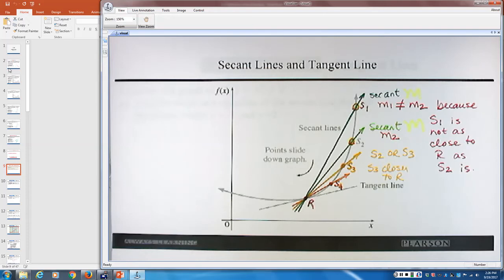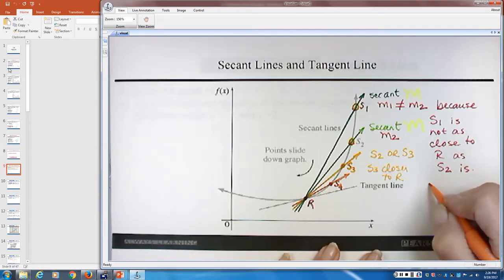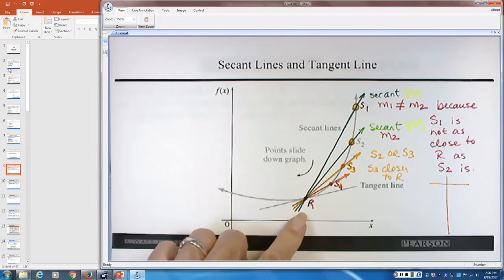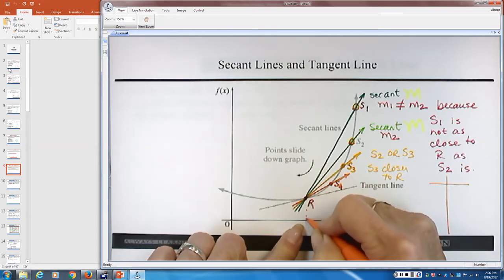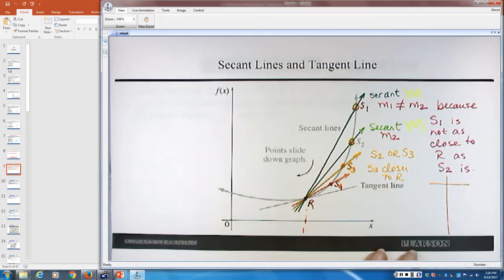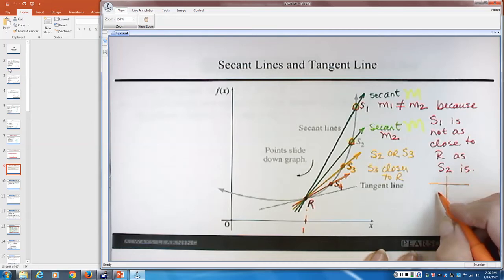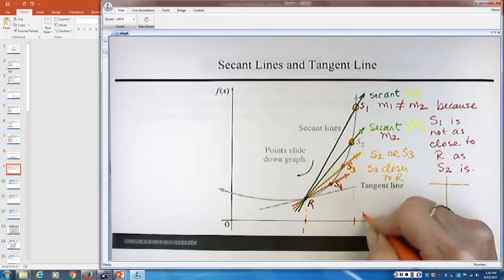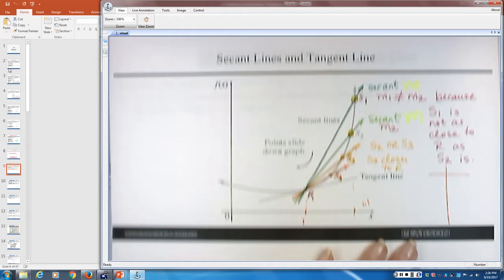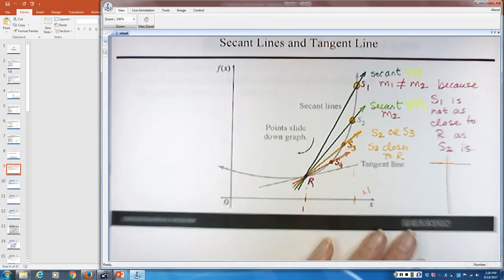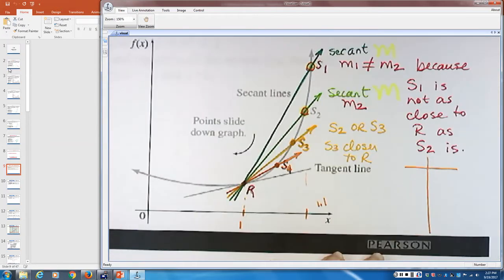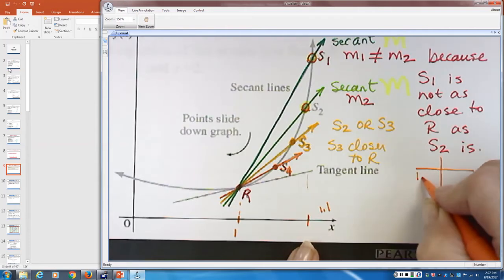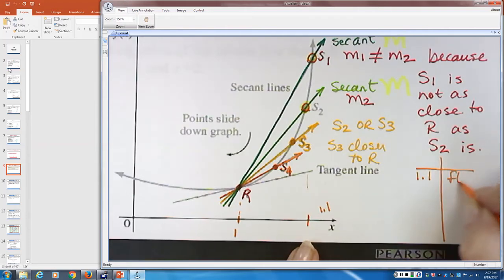Do you remember making a table where you're trying to approach, let's say this was 1, and you started out here at 1.1? So you first started at 1.1 and you found f of 1.1.